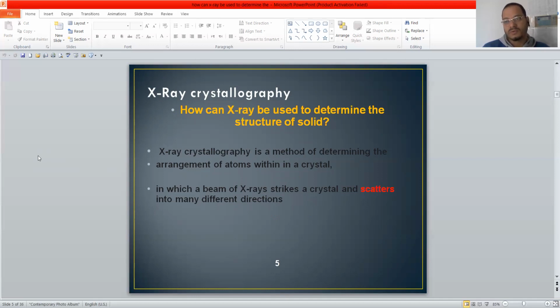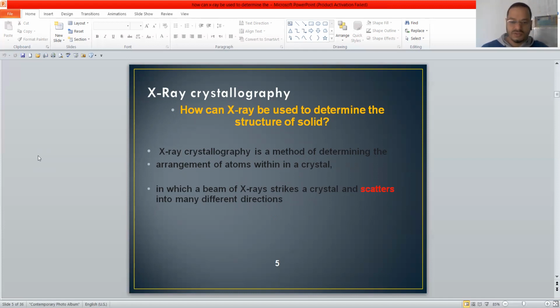Like I said before, we will focus on the size of the atoms and the arrangement of these atoms within any crystal, in which a beam of X-rays strikes a crystal. Now we will see how this process works and how we can benefit from this phenomenon. What is the phenomenon here? At the first moment the incident beam of X-rays hits the structure. What will happen?